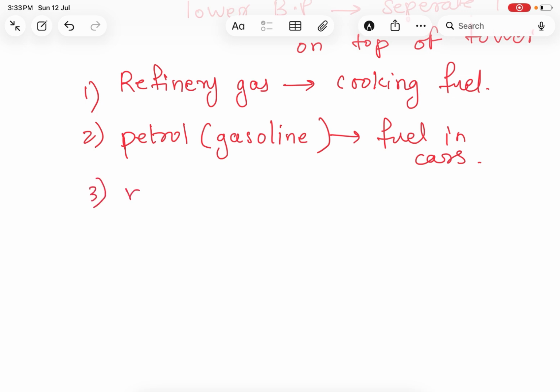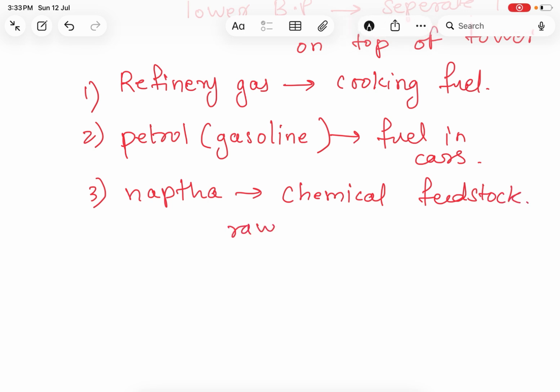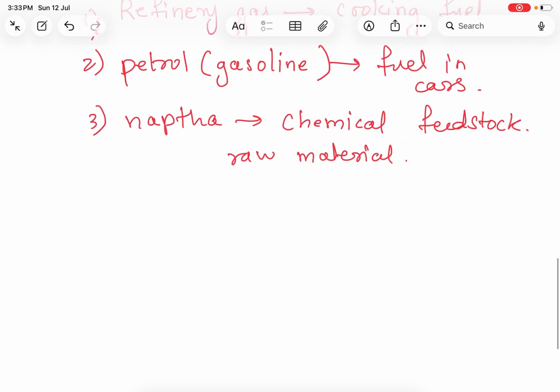The next fraction that is separated is naphtha. Naphtha acts as a chemical feedstock, so it is a kind of raw material to make other organic compounds. Then next we have kerosene, which is used as jet fuel for airplanes.